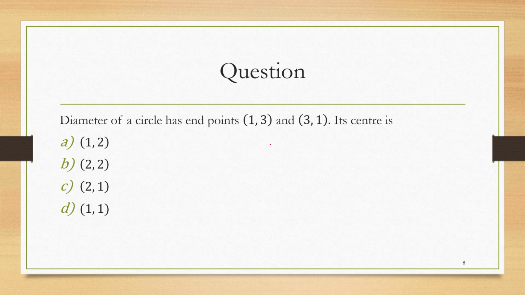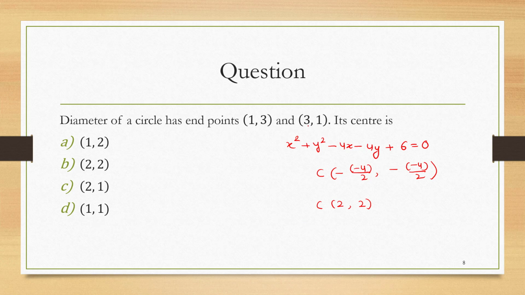As we have found the equation, x square plus y square minus 4x minus 4y plus 6 equal to 0, from here the center is minus of coefficient of x by 2, minus of coefficient of y by 2, that is the center is (2, 2).